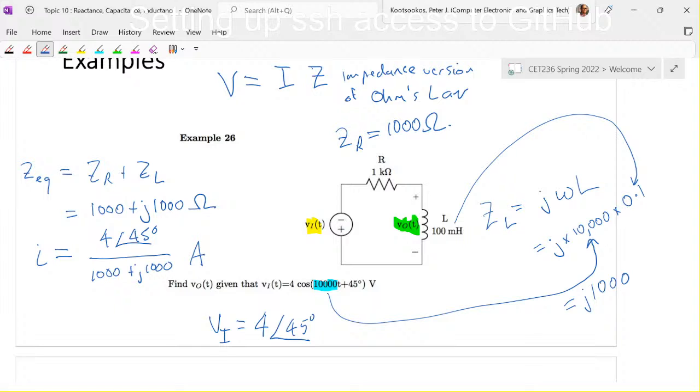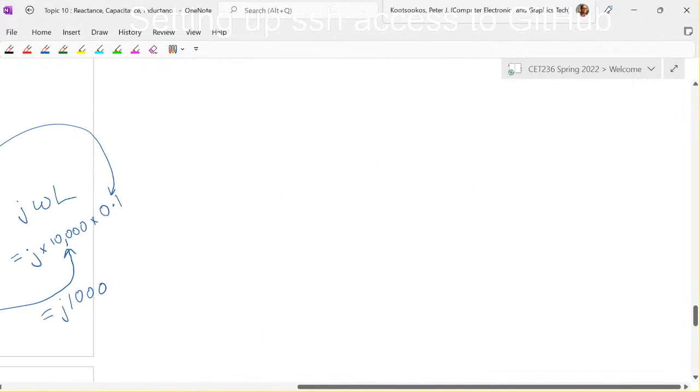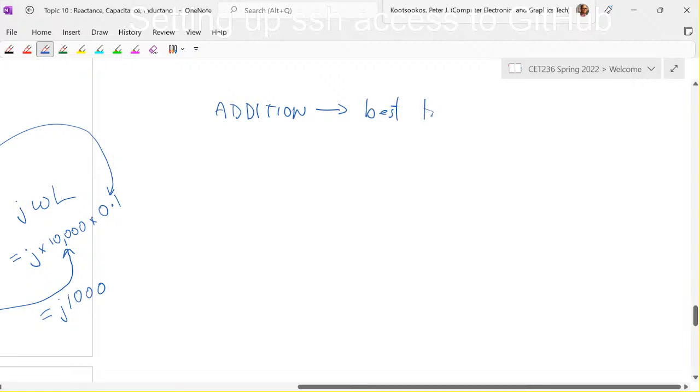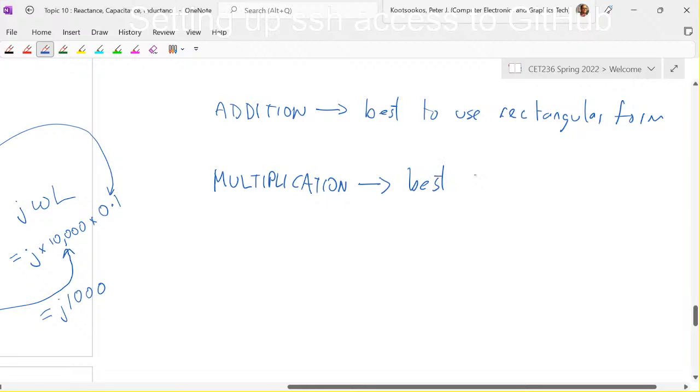One thing I didn't mention about complex numbers is if you're adding them, it's best to use rectangular form, but if you're multiplying or dividing, it's best to use polar form.